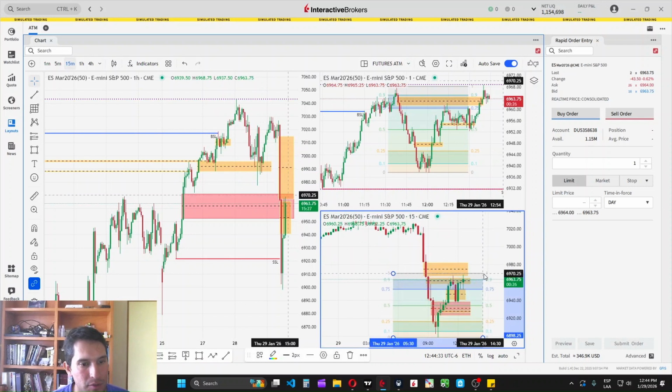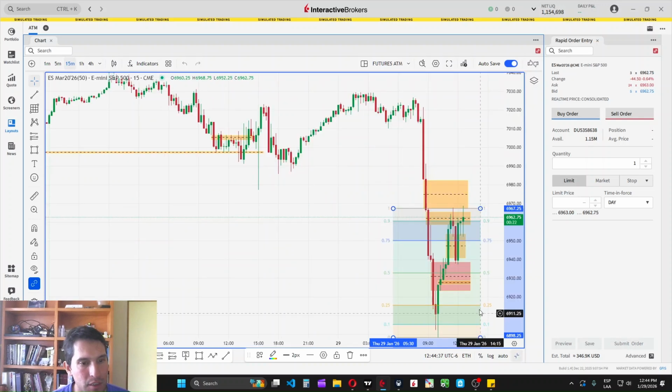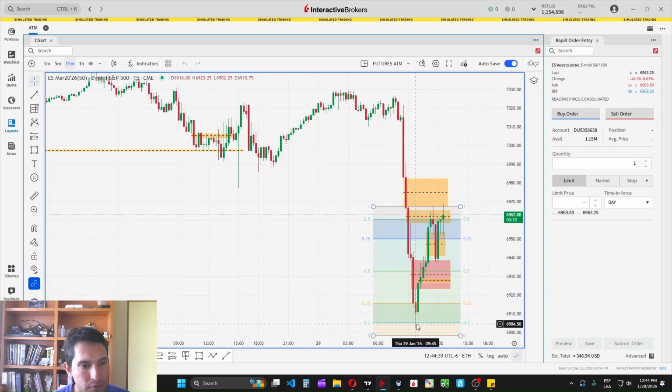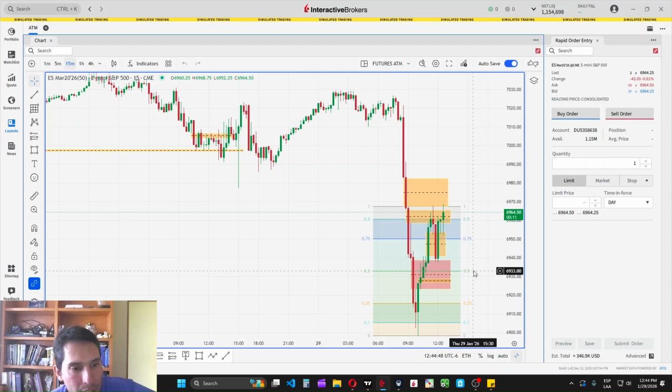Let me show it to you. If I take the Fibonacci and show you this first movement to the upside and then this pullback, I'm not in the 50%, so that's why I didn't take the trade. But it is a good long setup.